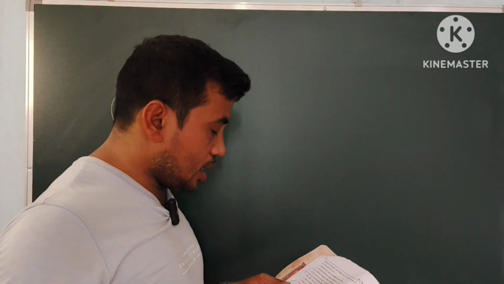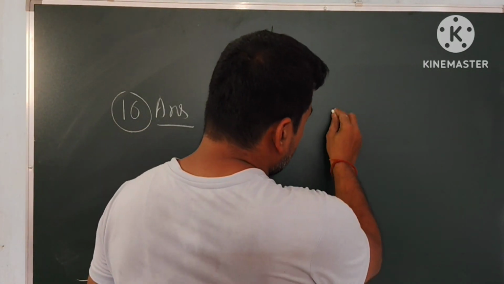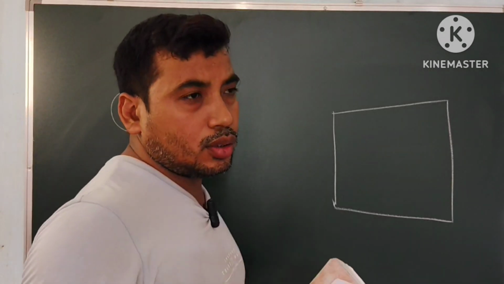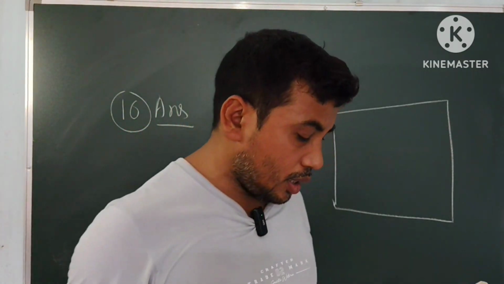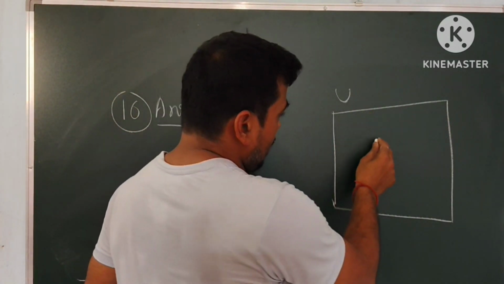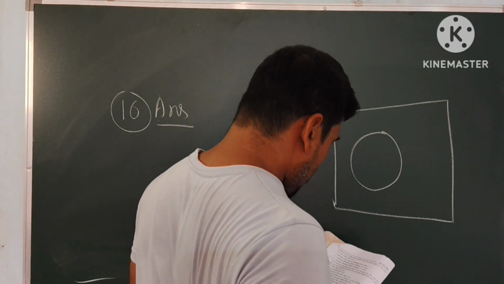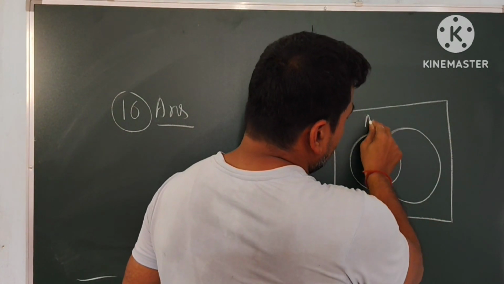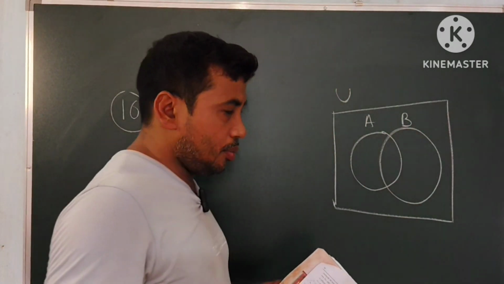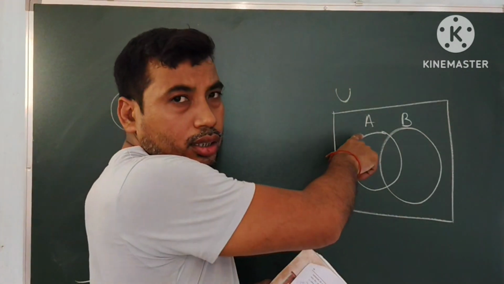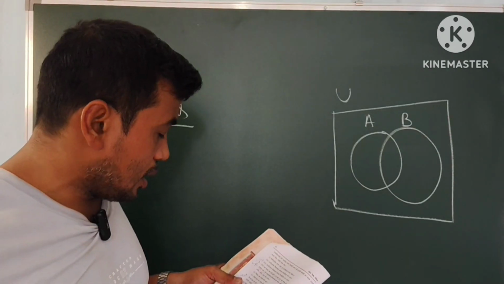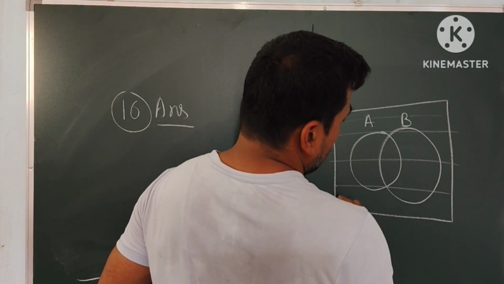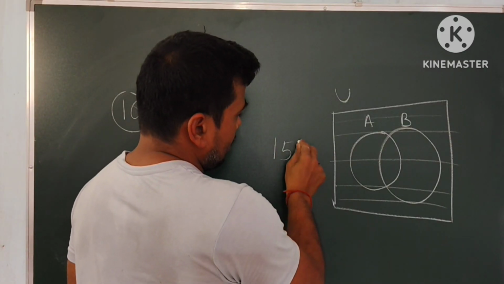Okay, so see here, suppose this is the set of all families, the universal set U. A is the set of families who have TV, and B is the set of families who have radio. In the universal set, in the whole part, there are 1500 elements.